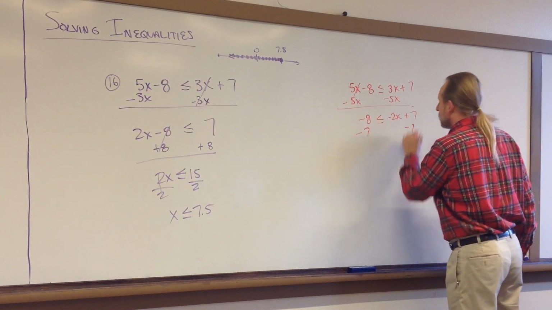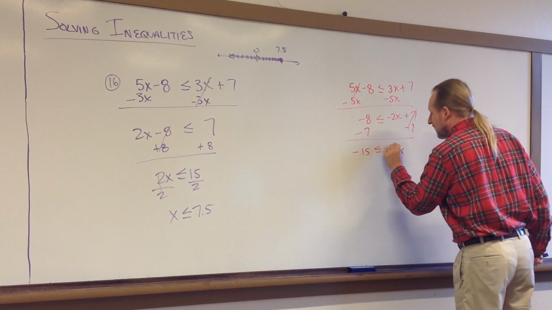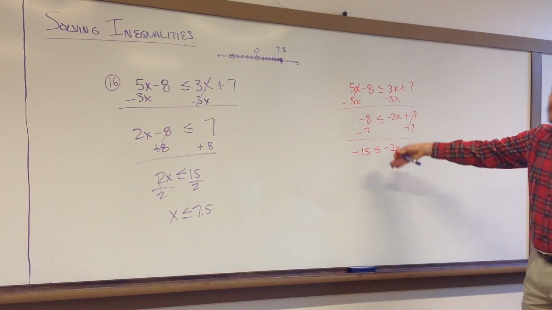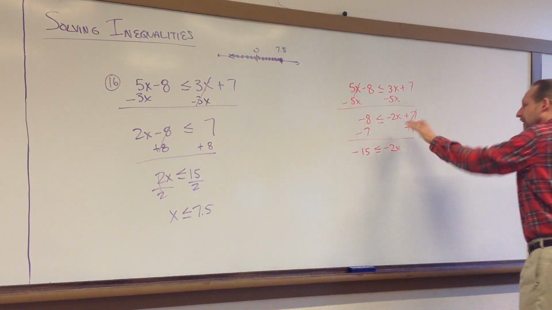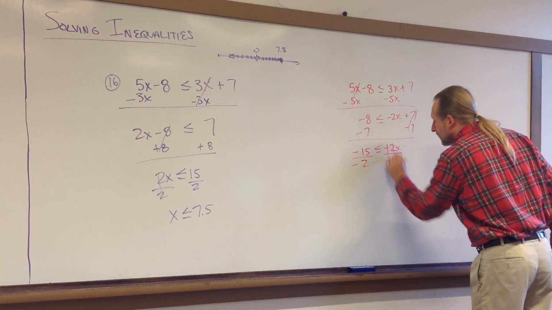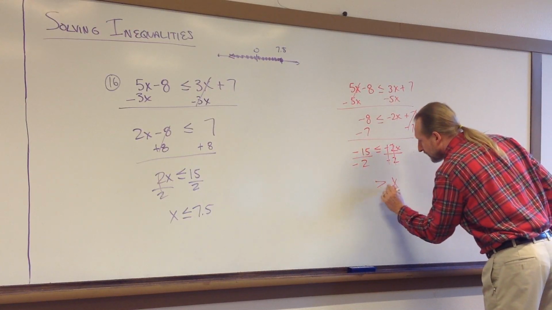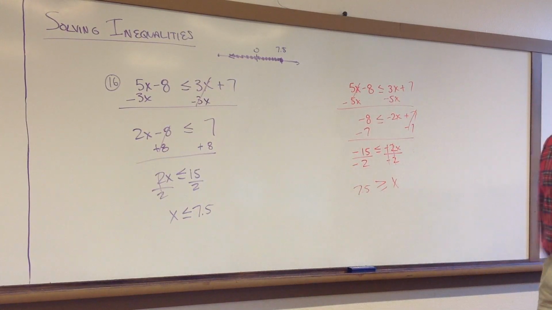Subtract 7 on both sides. Negative 15. Now remember, I haven't multiplied or divided by any negatives, so this stays the same up until this point. Now I'm going to divide by a negative 2. This is going to flip, and this will be x less than or equal to 7.5. There we go, we get the same thing.